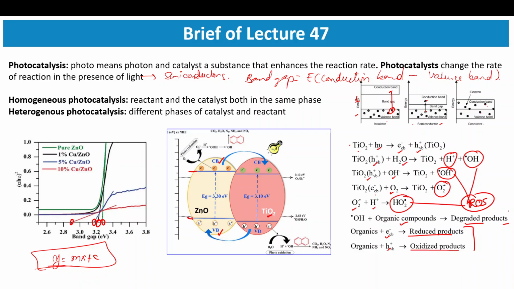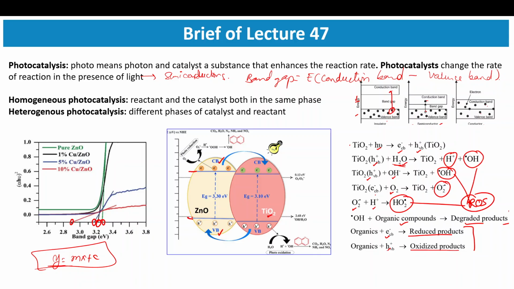Let's take an example of TiO2, which is a well-known semiconductor or photocatalyst. When a photon is incident, an electron in the conduction band and a hole in the valence band are formed. This hole has the tendency to react with water, which is readily available in the wastewater stream, to form H plus and OH radical.